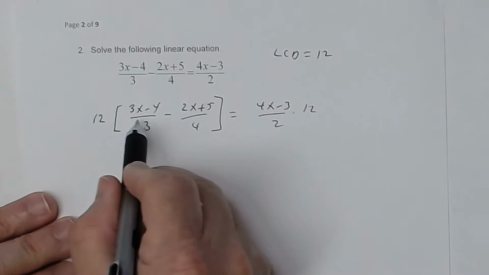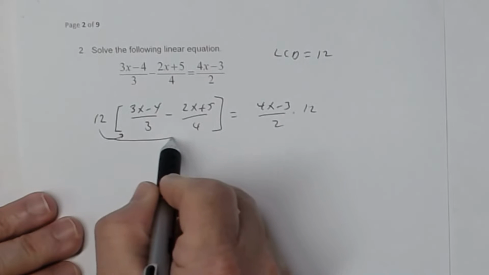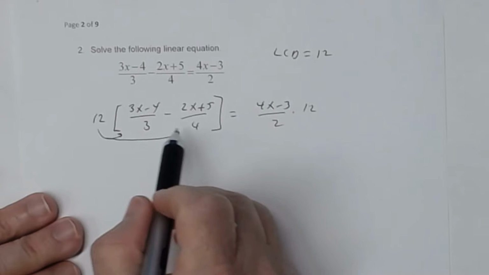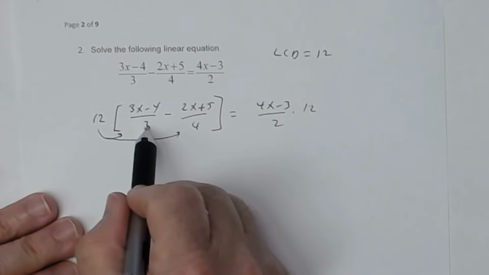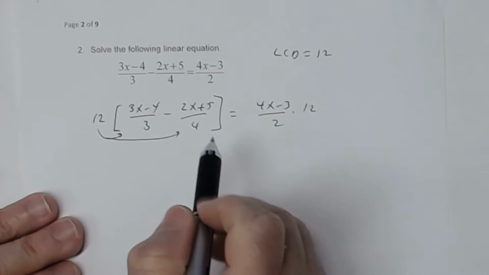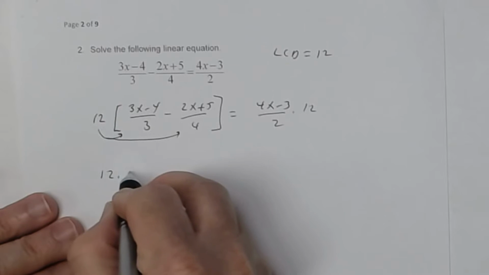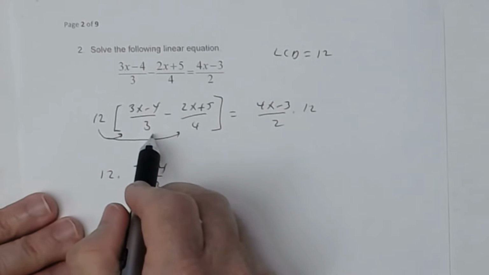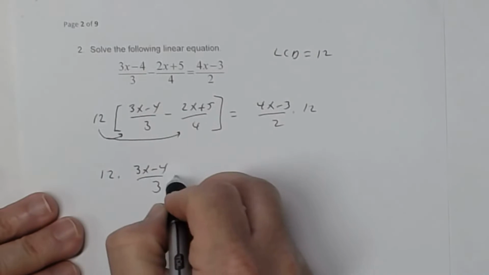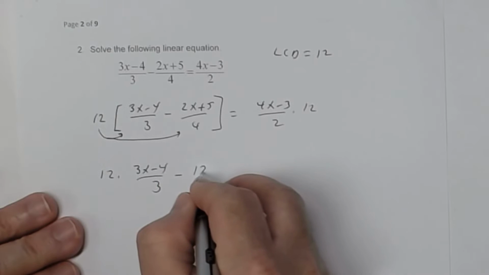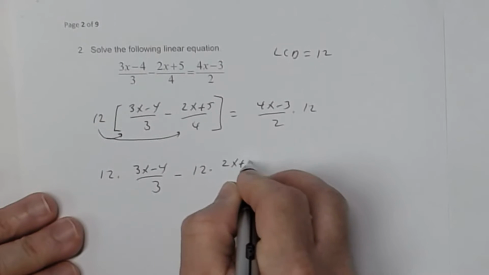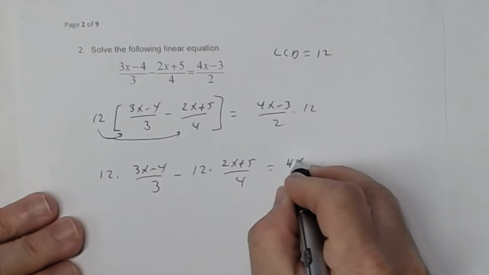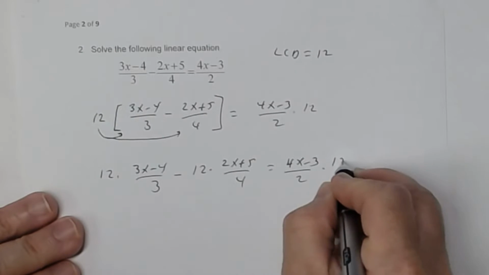Okay, so at this point, I'm going to go ahead and distribute the 12. Now remember, the whole point of multiplying by the LCD is to clear those denominators, meaning you want a factor of 1 in those denominators. So I get 12 times (3x minus 4)/3, so 12 times that first rational expression, or that first fraction, minus 12 times (2x plus 5)/4, equal, and I'm going to just go ahead and rewrite this one over, (4x minus 3)/2 times 12.